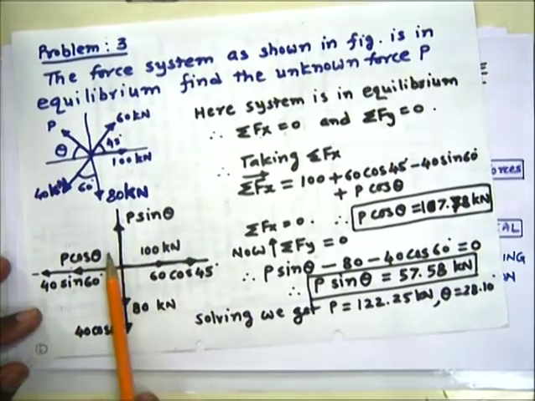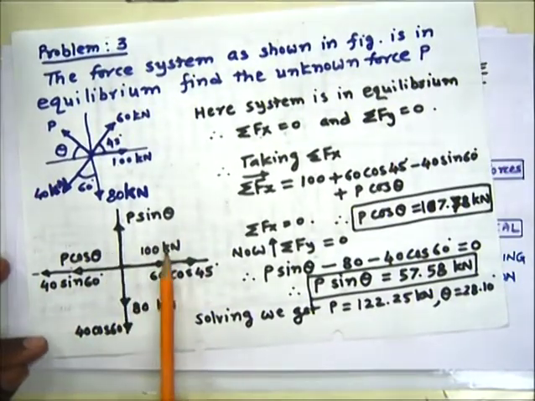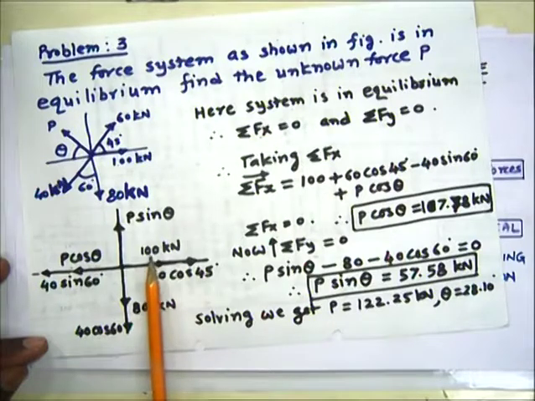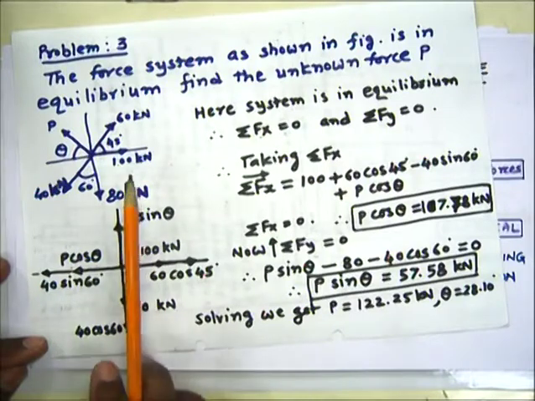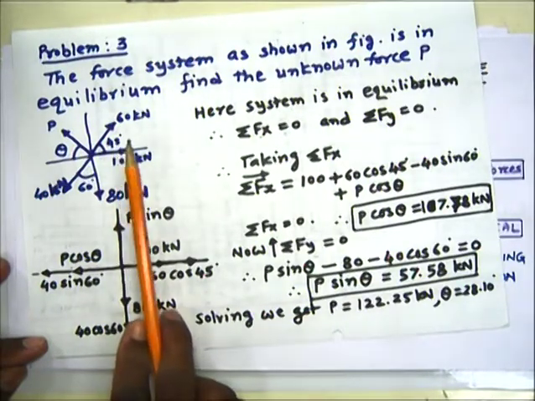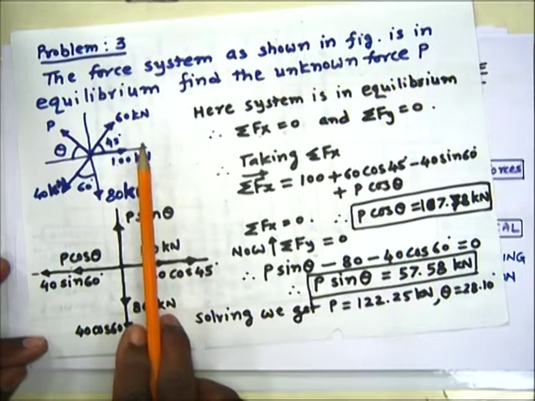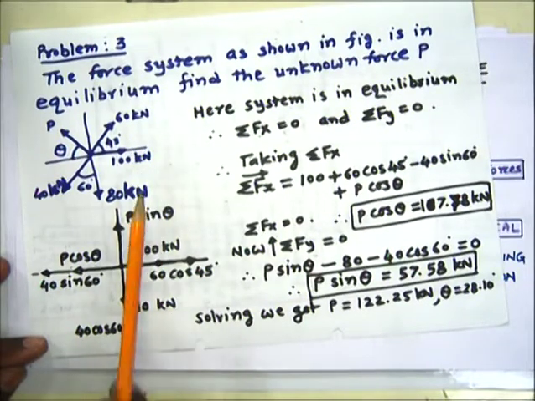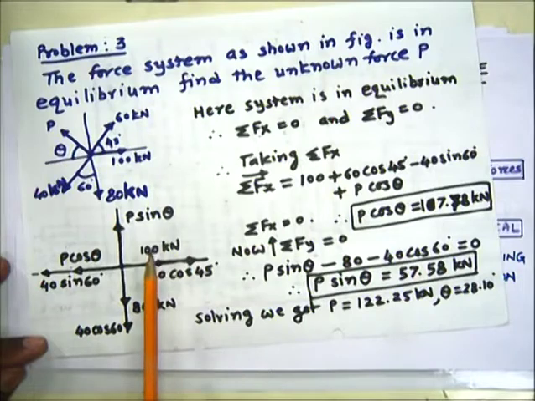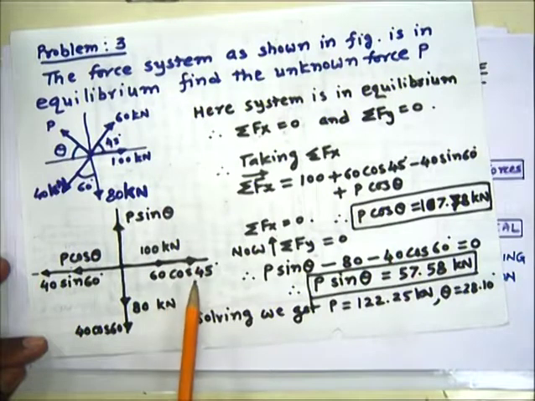So here, resolving all these forces, first see the 100 kN force, which is acting totally along the x direction, so its component along the x direction will be 100 totally, while the 60 kN force is making an angle with the positive x-axis, so its component will be 60 cos 45.